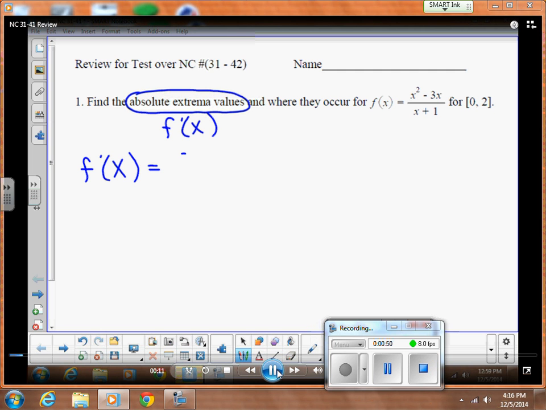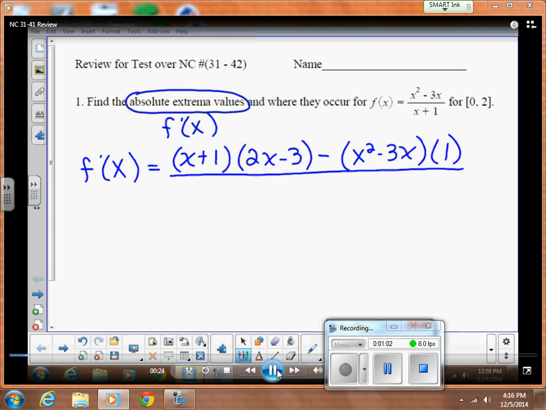We're going to use the quotient rule: ho d hi minus hi d ho over ho squared. And we should all know how to find this derivative already. So again, using the property of our quotient rule, this would be the derivative of that function. Now, of course, I need to clean it up a bit so that it'll be easier for me to work with.